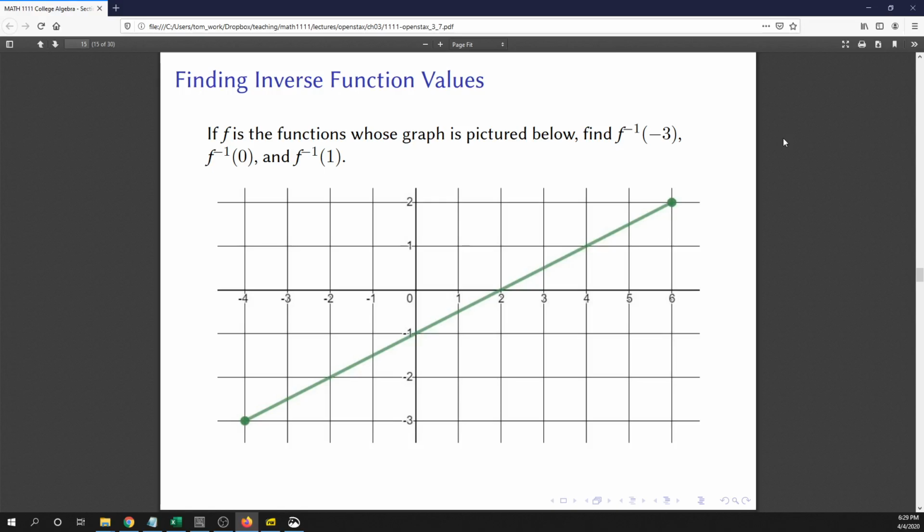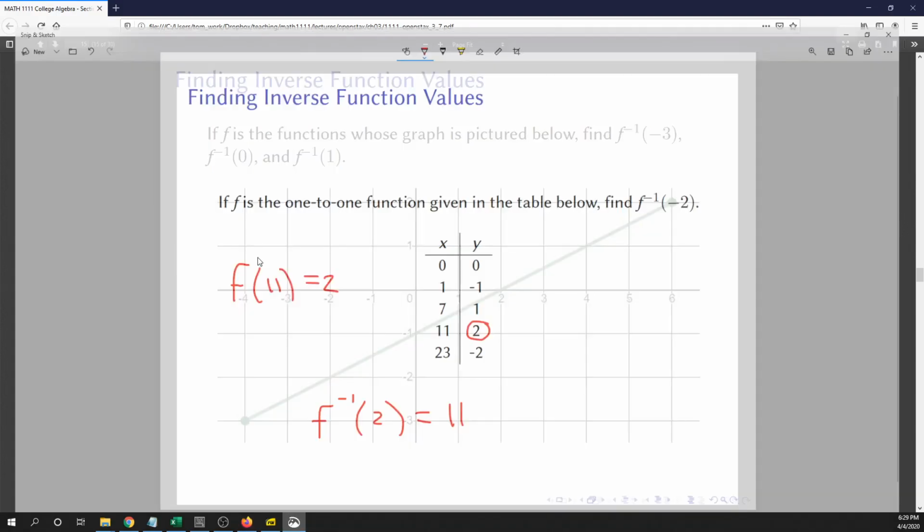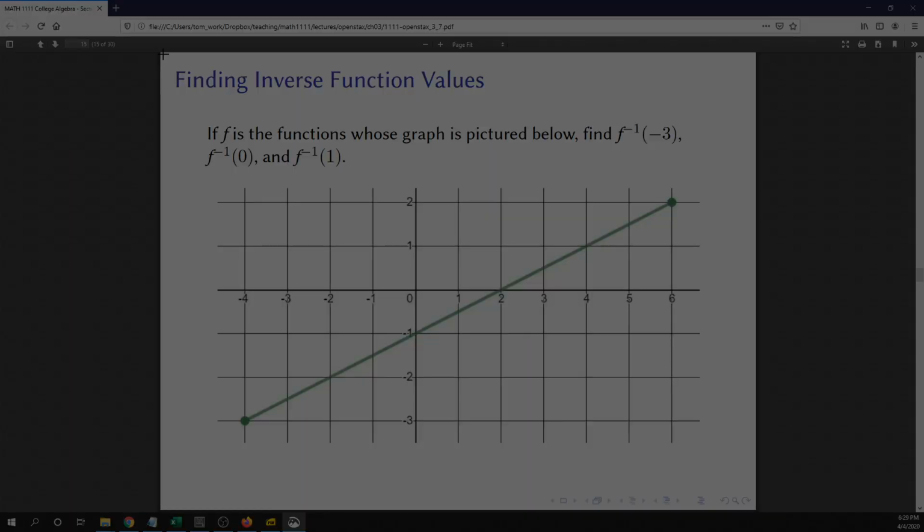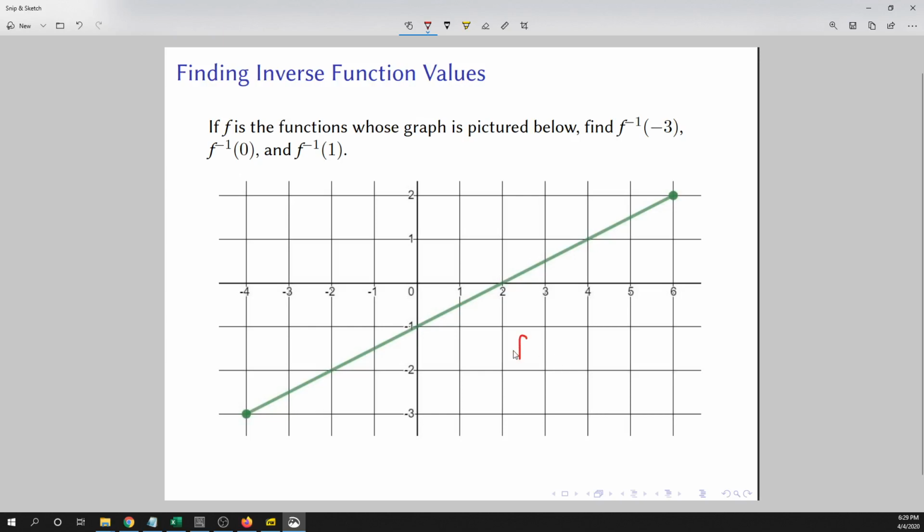Okay, so then the final way that we are going to find inverse function values is with a graph. So I want to find f inverse of -3, all right?